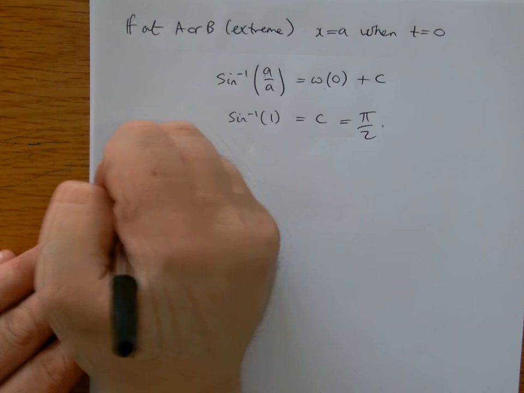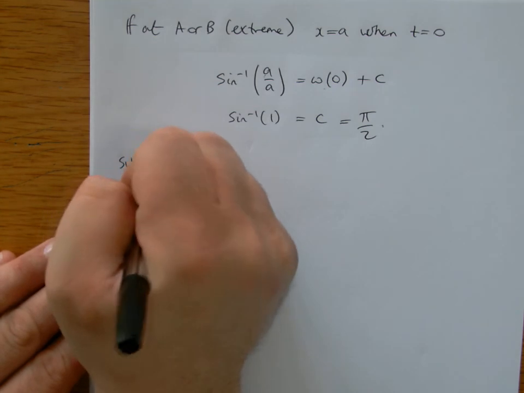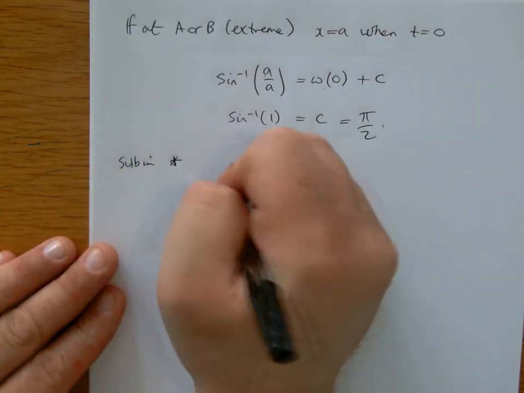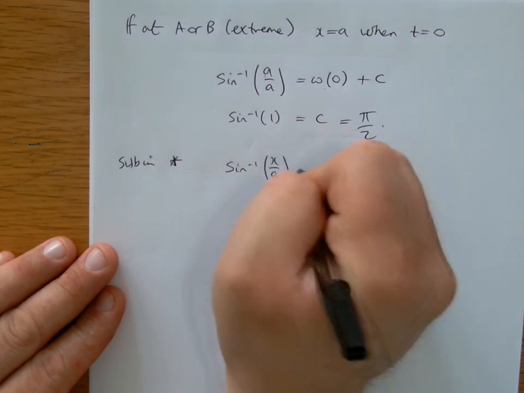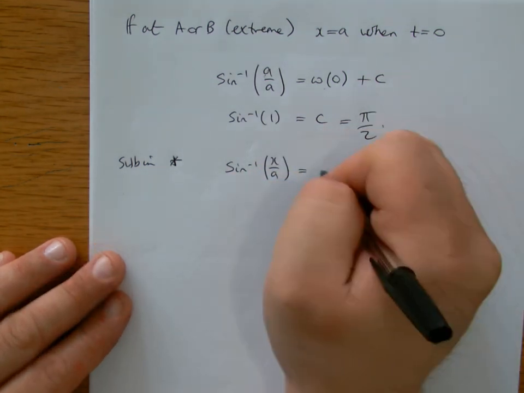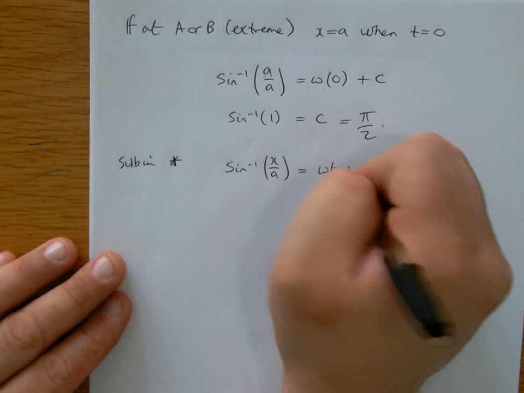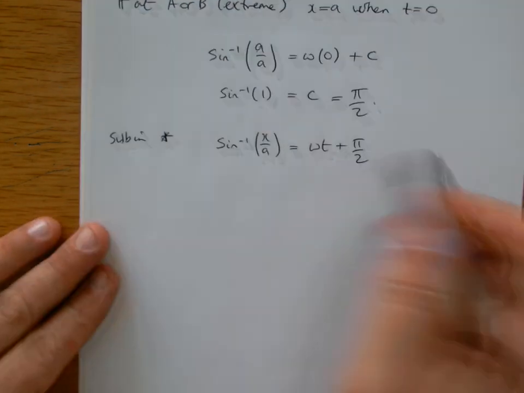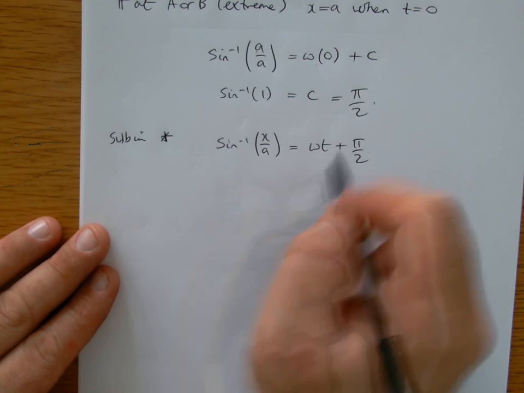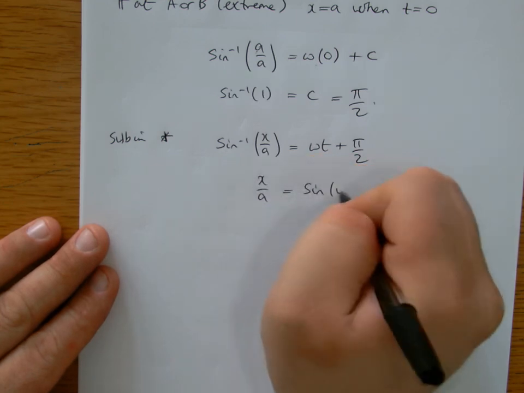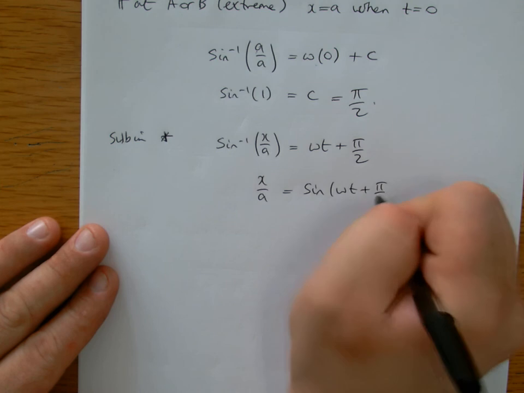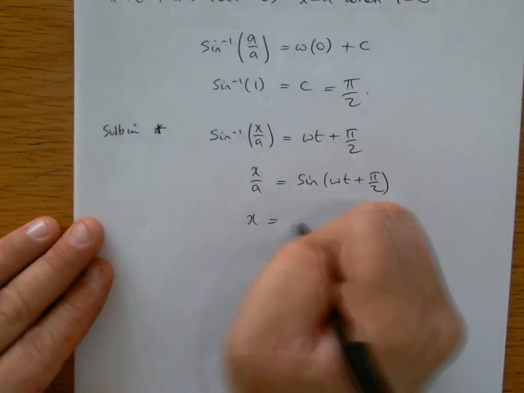So therefore, sub back into star: sin⁻¹(x/a) is equal to ωt plus π/2. Just like we did before, take that sin⁻¹ over, do the opposite, so it'll be the sine of ωt plus π/2, and then take the a up.